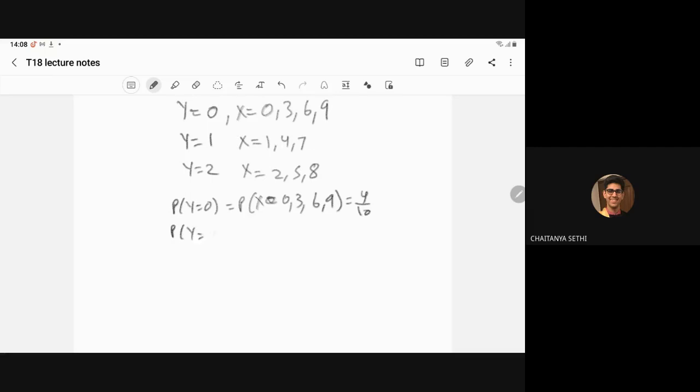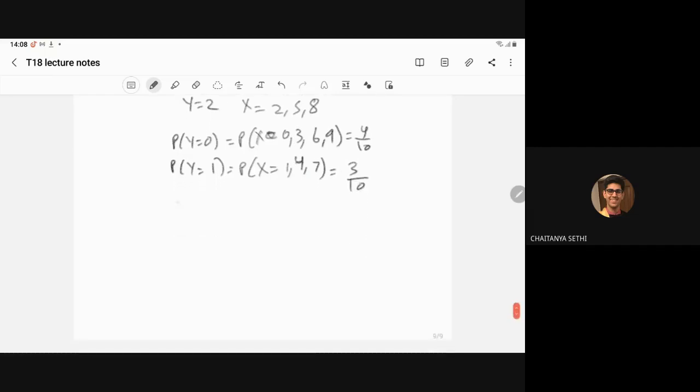Probability y is equal to 1 means probability that x can take the value 1, 4, 7. So only 3 points, so it will become 3 by 10. And probability y is equal to 2, so probability x can take the value 2, 5, 8. So it is also 3 by 10.